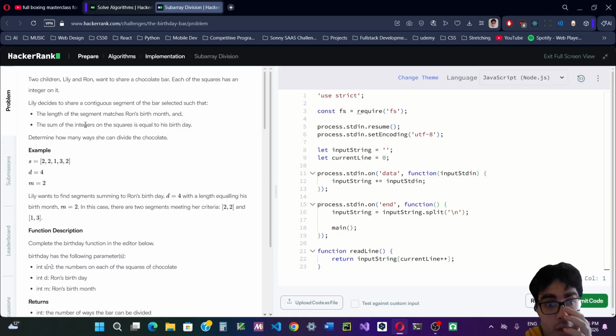Each square has an integer. Lily wants to share a contiguous segment of the bar such that the length of the segment matches Ron's birth month and the sum of the integers on the squares is equal to his birthday.